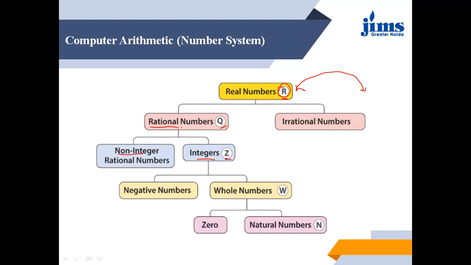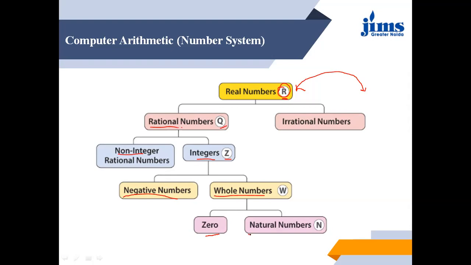Then the integer number system is also divided into two parts, negative numbers and positive numbers. If we add 0, the whole numbers are divided into two parts, 0 and natural numbers.